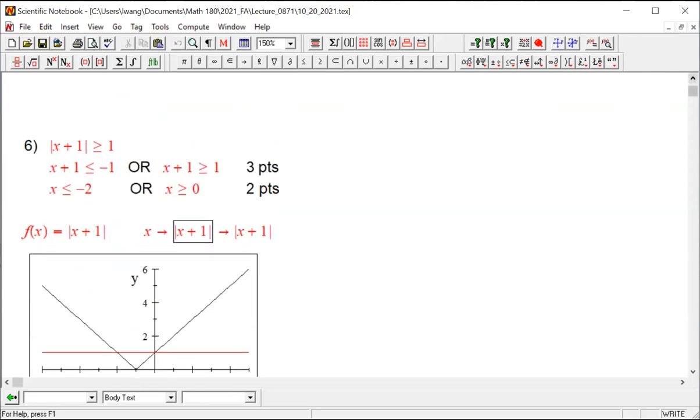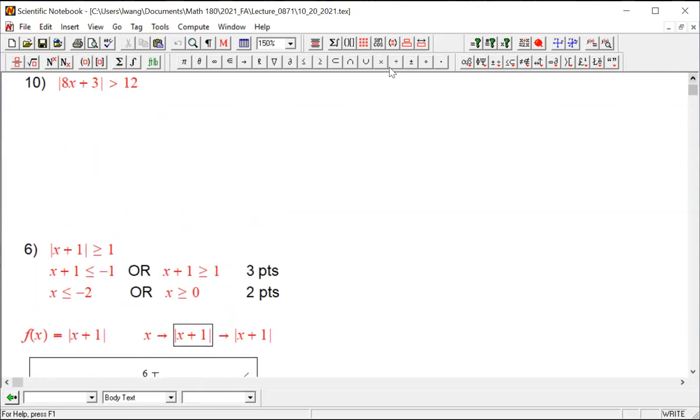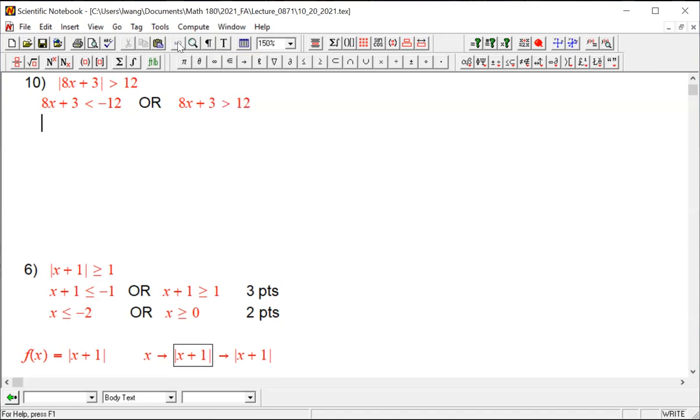we're working on number 10. Okay, so 8x plus 3, that's my omega, that's a negative 12, or 8x plus 3 larger than 12. And then you subtract 3 on both sides, right? If then, that's how we read it.